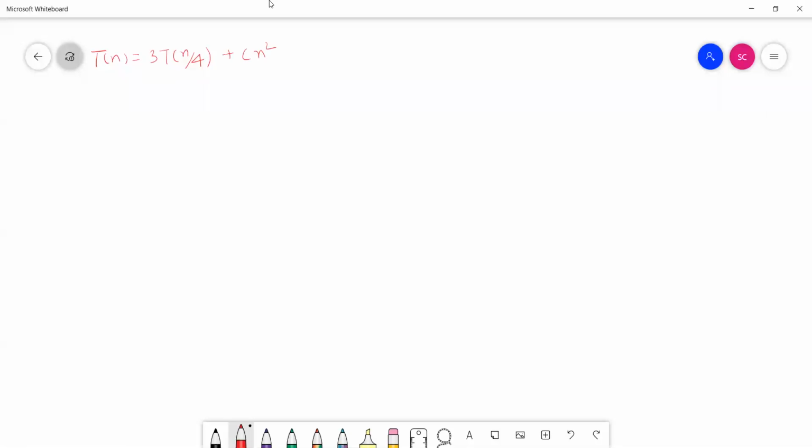Again, C is a constant, so we have nothing to do with C. So do not get confused when you see such type of questions. C represents a constant in algorithm analysis. So this question is equivalent to 3T(n by 4) plus n square.